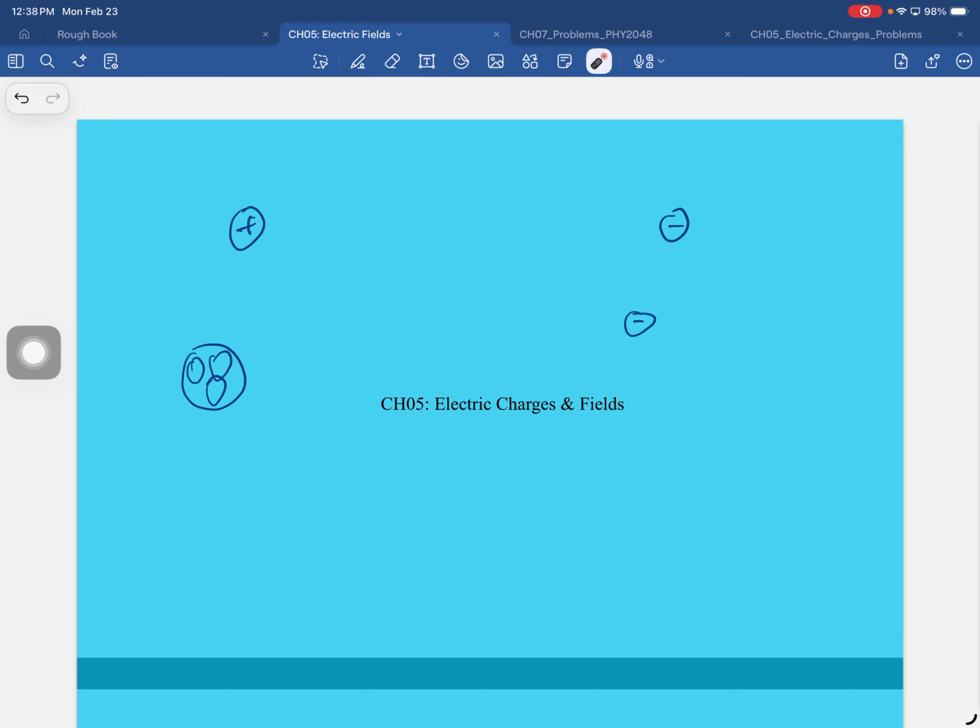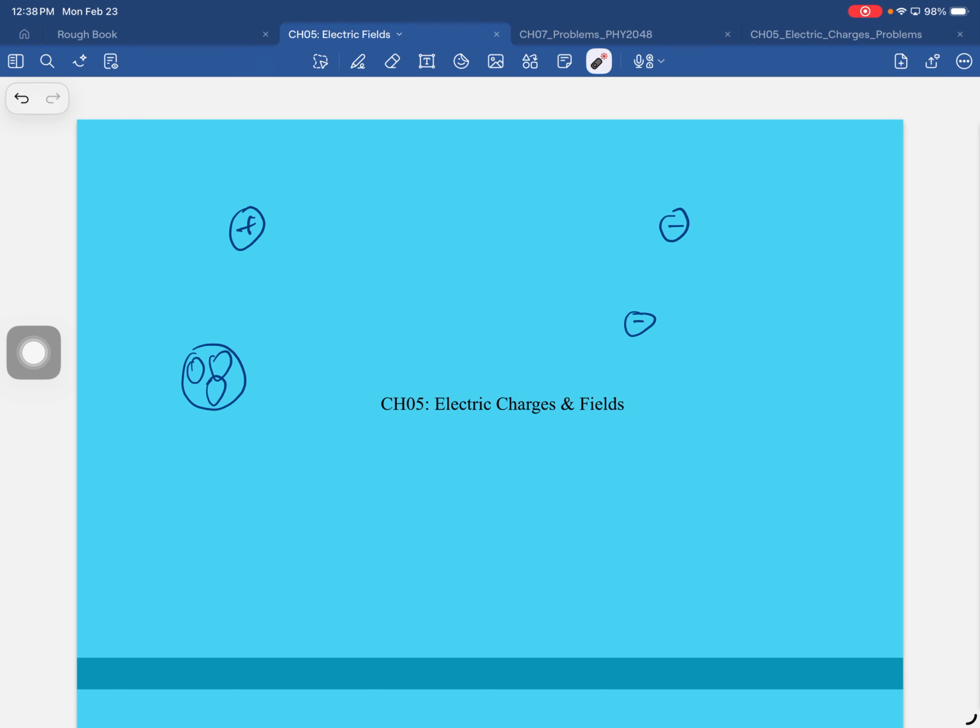Over the next several chapters, we'll study properties of these charges and the effect they have. For the next 4 chapters, we'll have these charges fixed. They'll be at rest. And what you'll learn is they'll produce electric fields, and that's what we'll study.